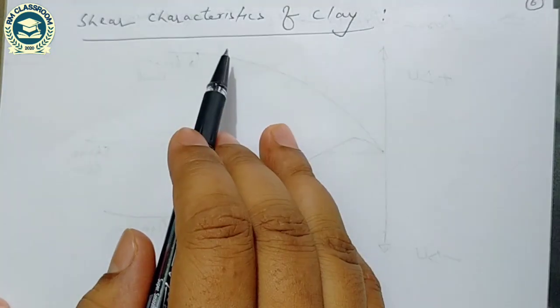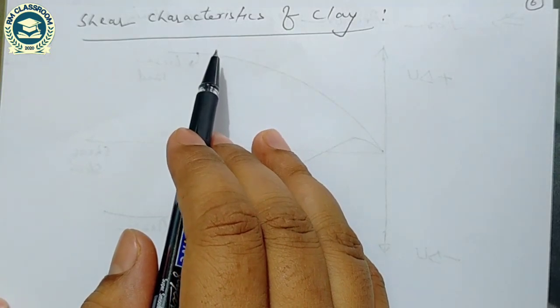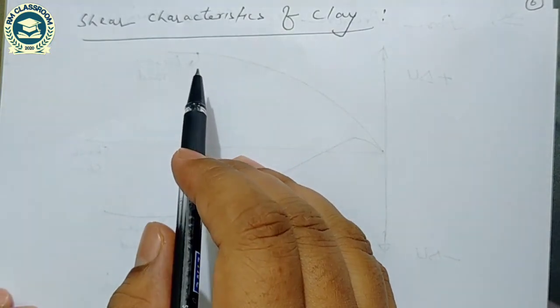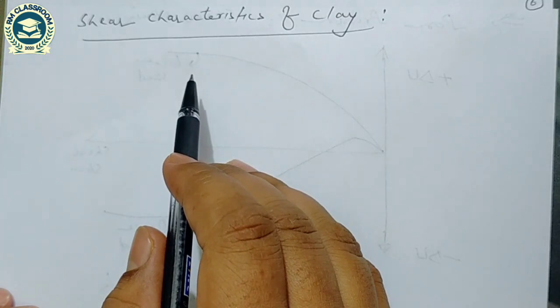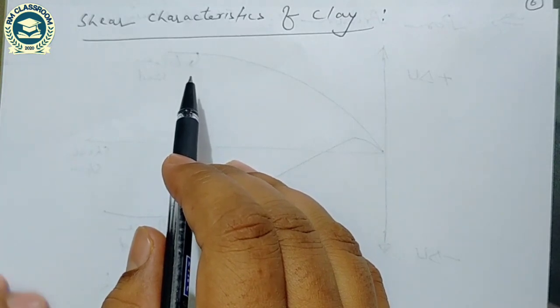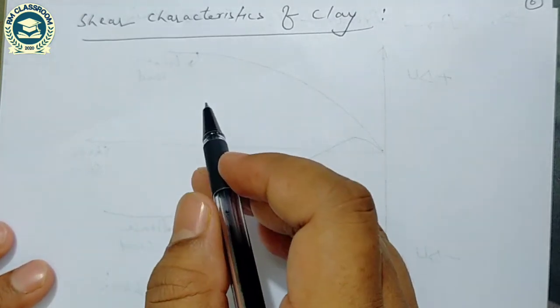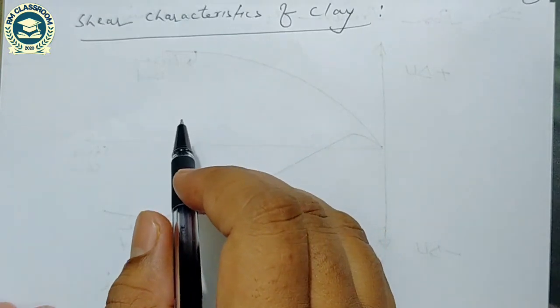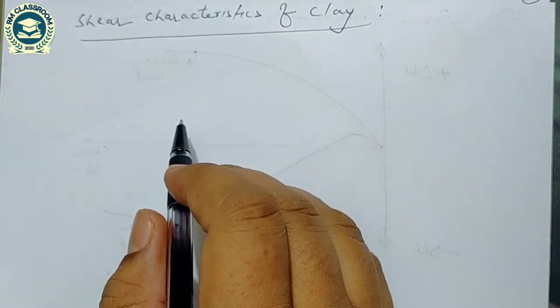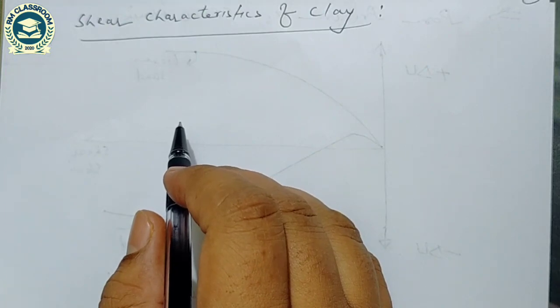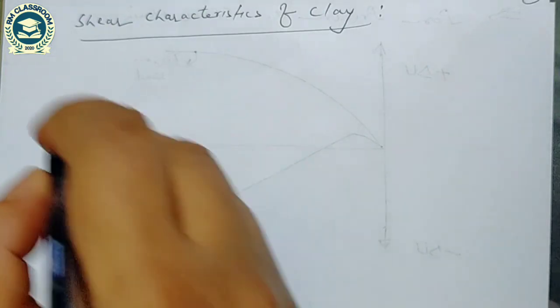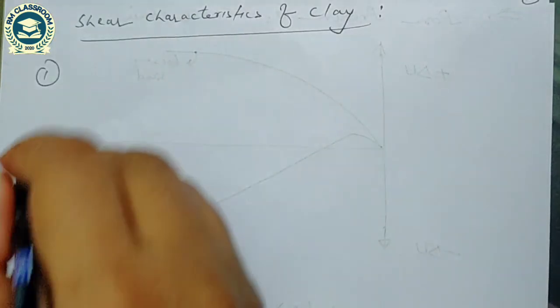So now I am going to discuss the shear characteristics of clay. The behavior of saturated clay under drained or undrained condition is found to be different on conducting the tri-axial test. So if I am interested to know the shear characteristics of clay, we have to perform the tri-axial test.